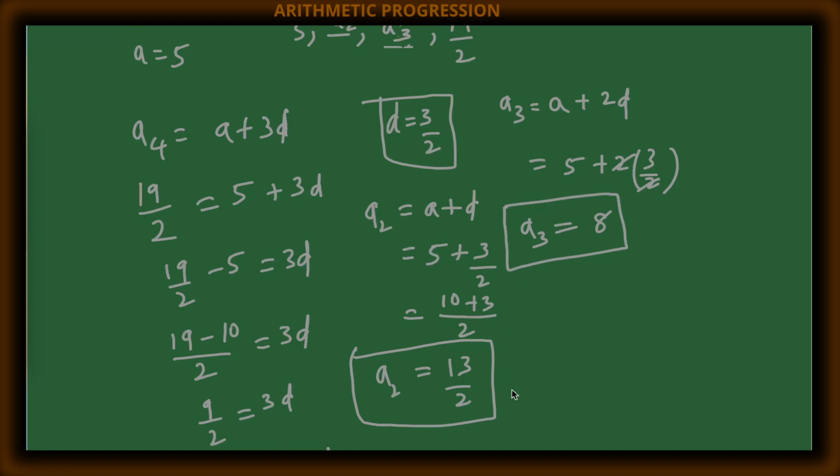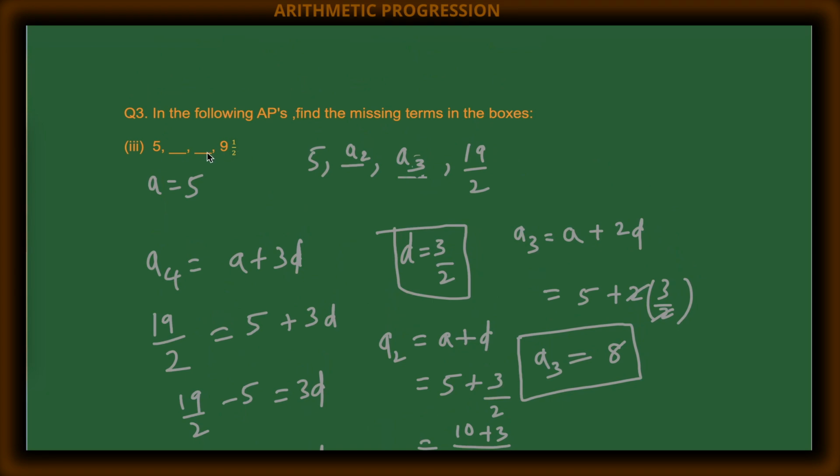Hope this is clear. One thing to remember here is that if you have two unknowns, you cannot directly use the nth term formula. You can solve it by equations, and for that you need to have two equations. Then you can solve it and get the result.